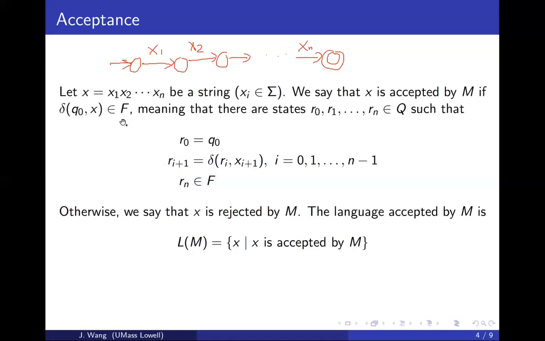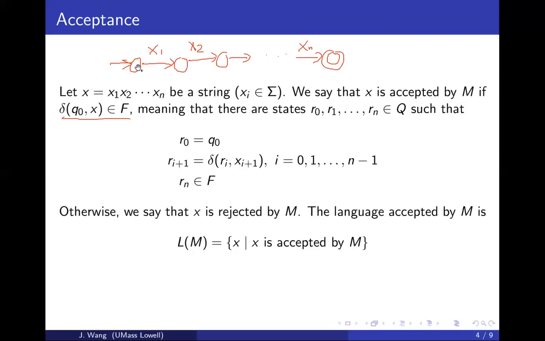If we want to describe it using mathematical terms, that means there are states R0, R1 up to Rn, such that R0 is the initial state Q0, and Ri plus 1 is the next state from the current state Ri and the current input xi plus 1.